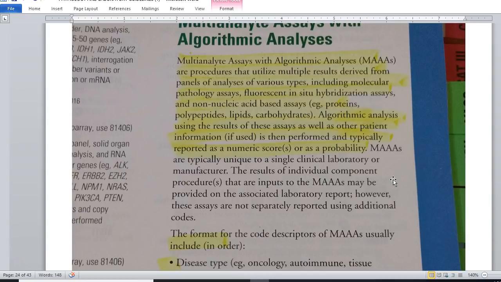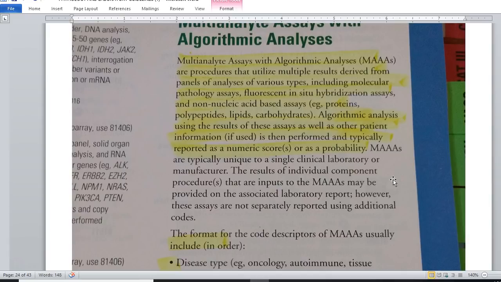Then we get to what we call MAAAs, multi-analyte assays with algorithmic analyses. These are procedures that utilize multiple results derived from panels of analyses of various types, including molecular pathology assays, fluorescent in situ hybridization assays, and non-nucleic acid-based assays like proteins, polypeptides, lipids, and carbohydrates.